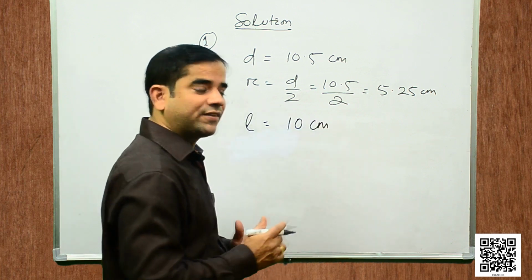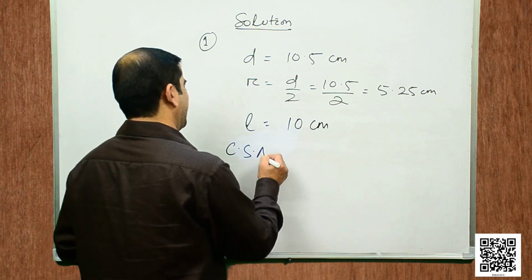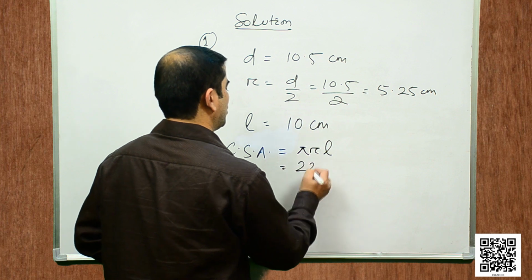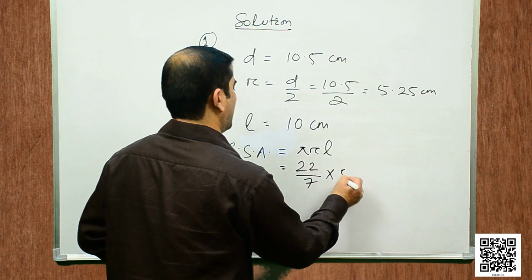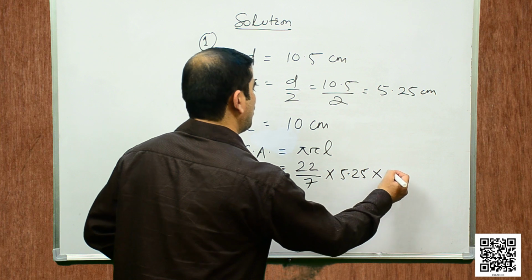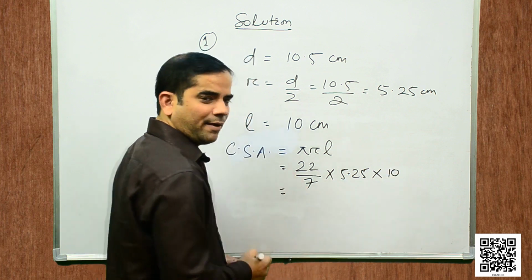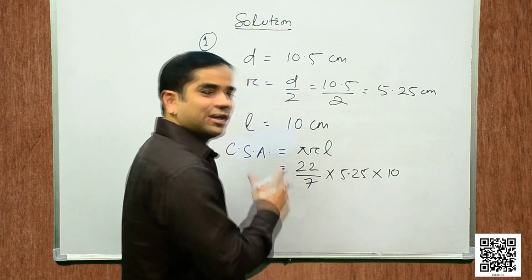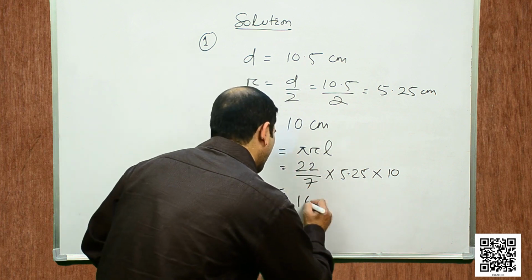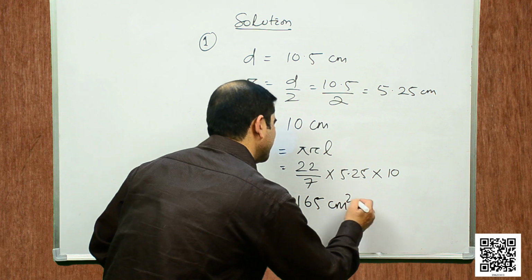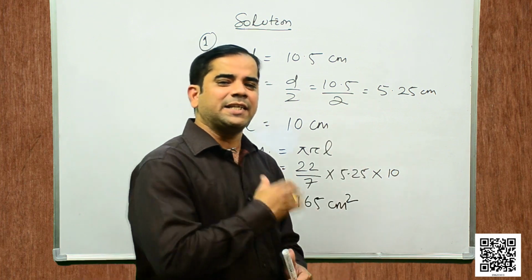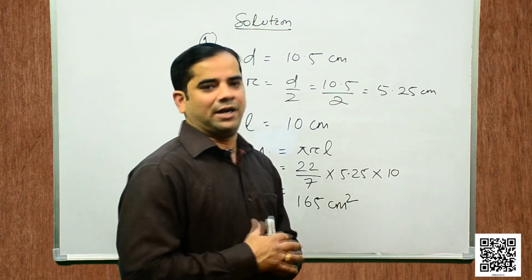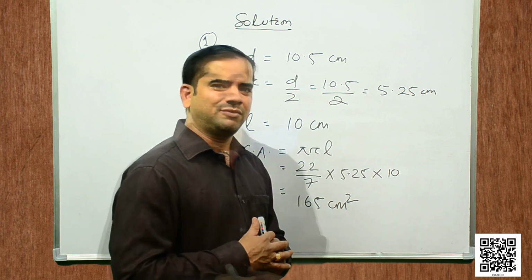So, what is the curved surface area? Curved surface area is equal to pi r L, that is equal to 22 by 7 into 5.25 into 10. Okay. So, when we calculate, we will get a value that will be equal to 165 centimeter square. So, this is the curved surface area that we were needed to find out. Hope you understand the solution.